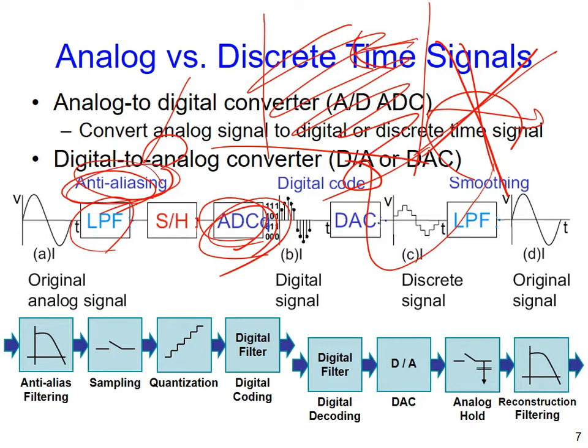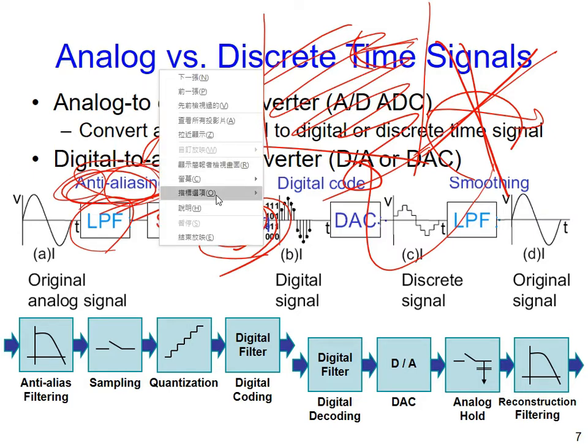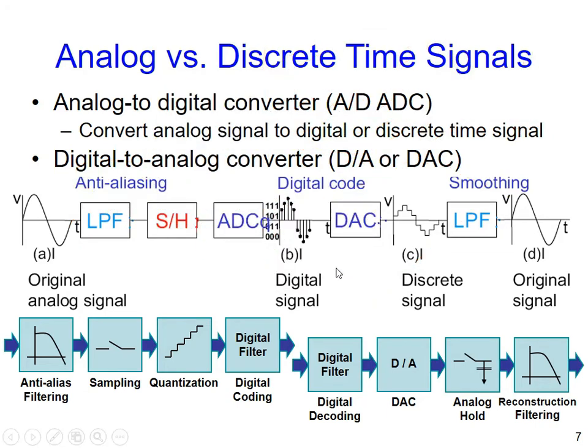I mentioned aliasing before, right? And anti means to reverse it, to go against it. I have no idea how to say this in Chinese because I never read it before.